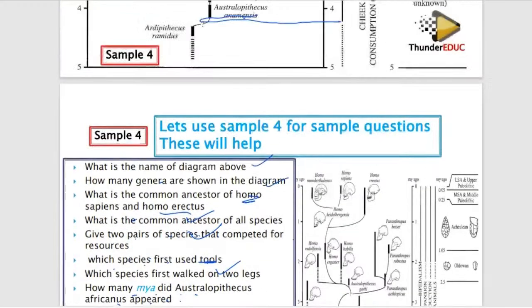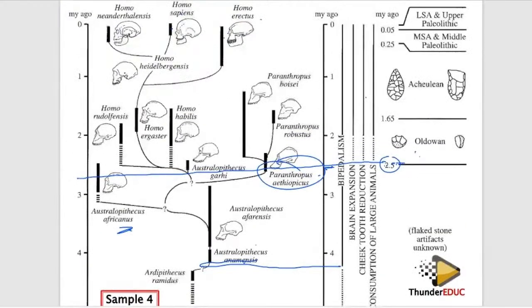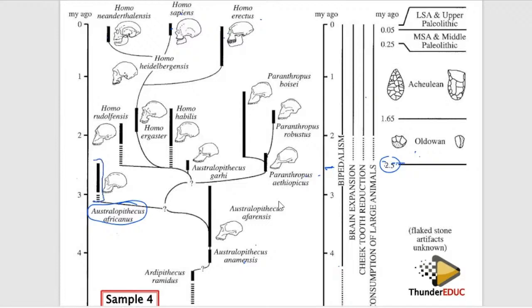So you come back here on the diagram and then you see where it appeared. Australopithecus africanus, where is it? Africanus is here. Yes, it's here. So you find where it appeared.